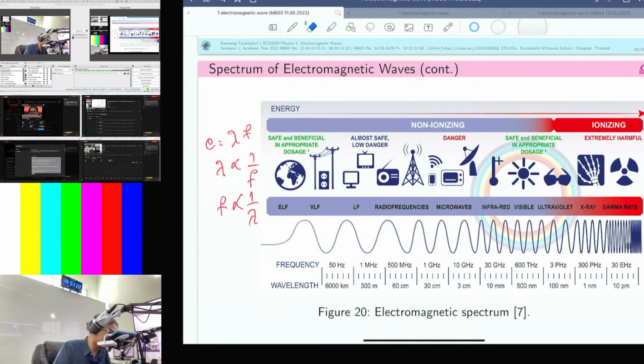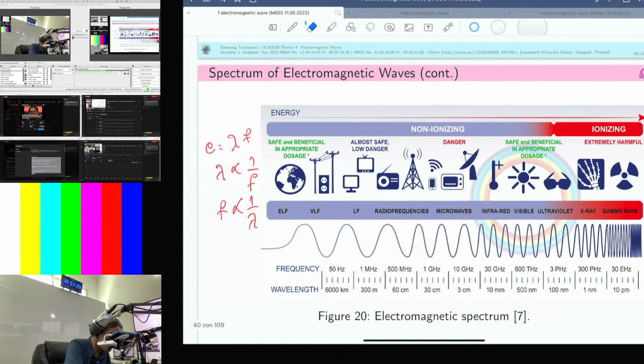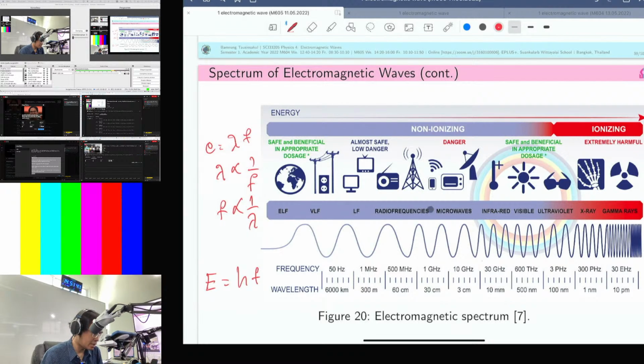If you go to chapter 6, you're going to see this expression, E equals hf, which is the expression by Max Planck. It says that the energy is directly related to the frequency. Once you have more frequency, you also get more energy. Once the particle has more frequency, it brings a great amount of energy.